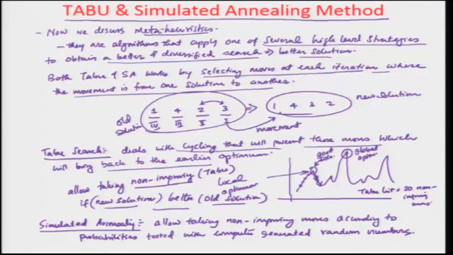So it will probably move from here, 1, 2, 3 like this, allowing the system to take 20 non-improving moves, and within this, if you find that there is one move that is improving like this, then you keep on climbing until you reach this. So the idea of this taboo list is to escape the local optimum.